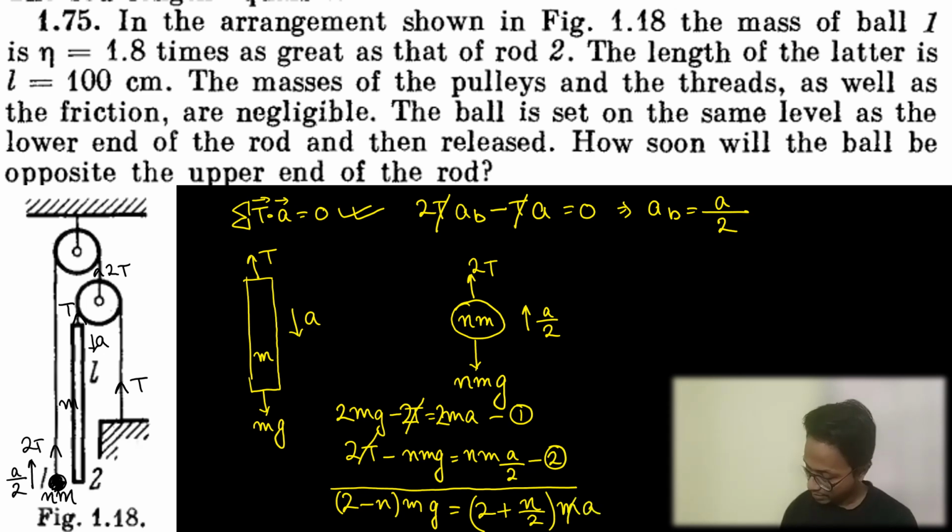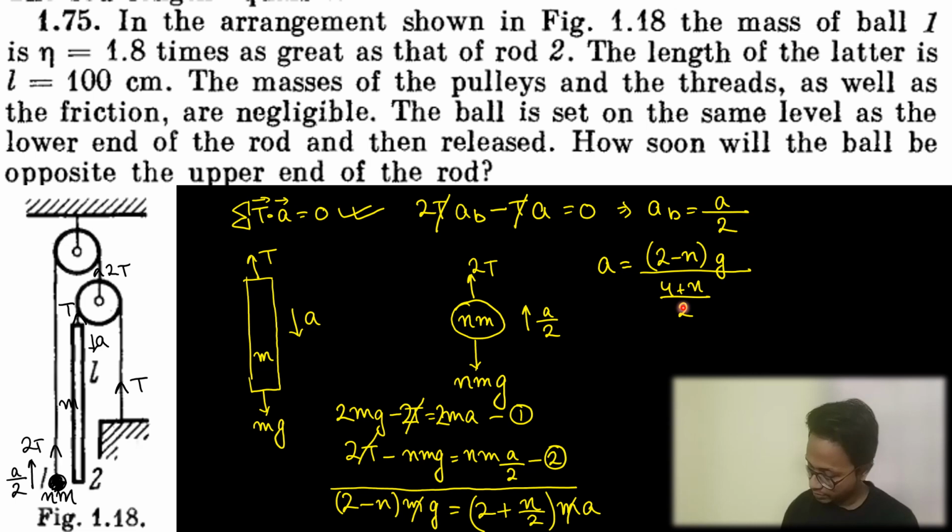Okay, I'm cancelling out the m and m. So out here, acceleration is equals to how much? 2 minus n into g divided by 2 plus n by 2. If I take LCM out here, it will be 4 plus n divided by 2.